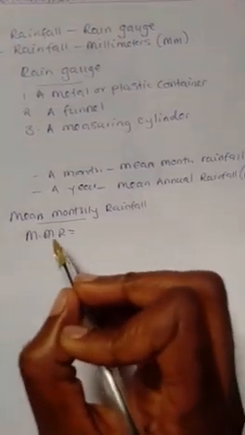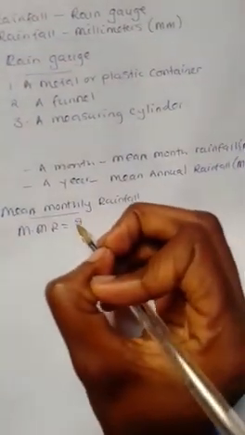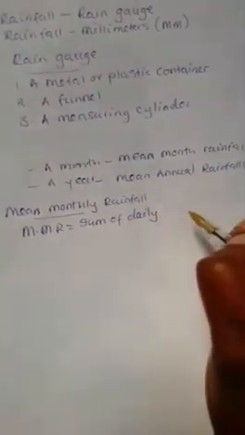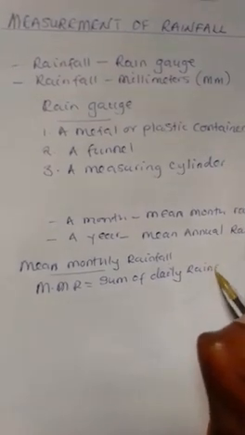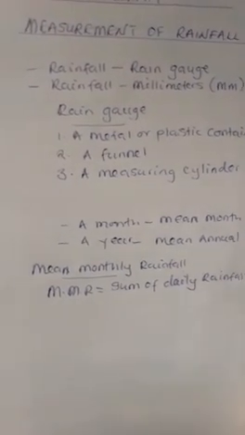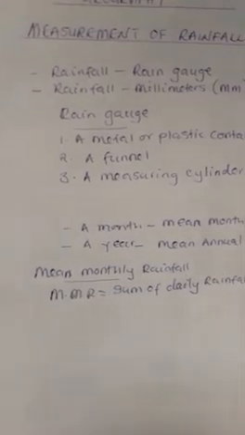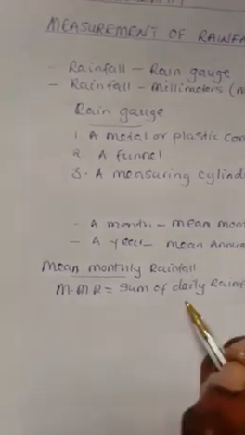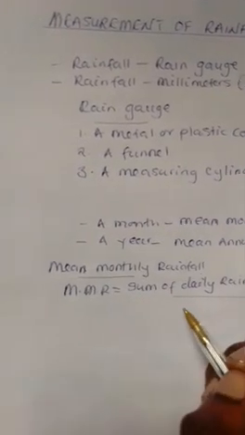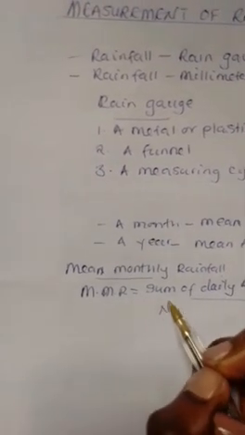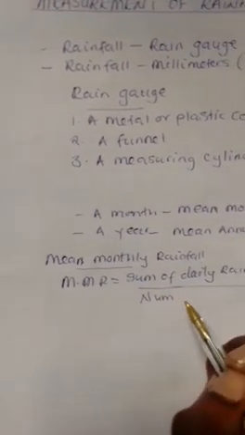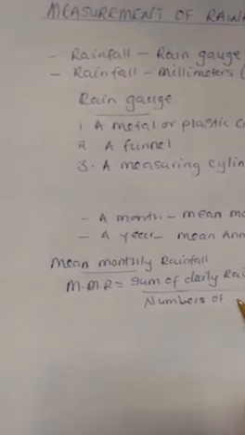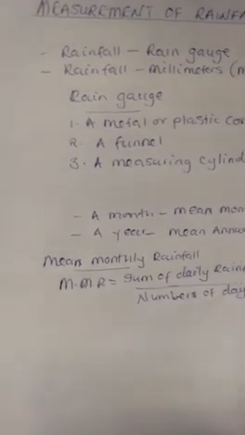So the mean monthly rainfall is the sum of daily rainfall for a month over the number of days in a month.